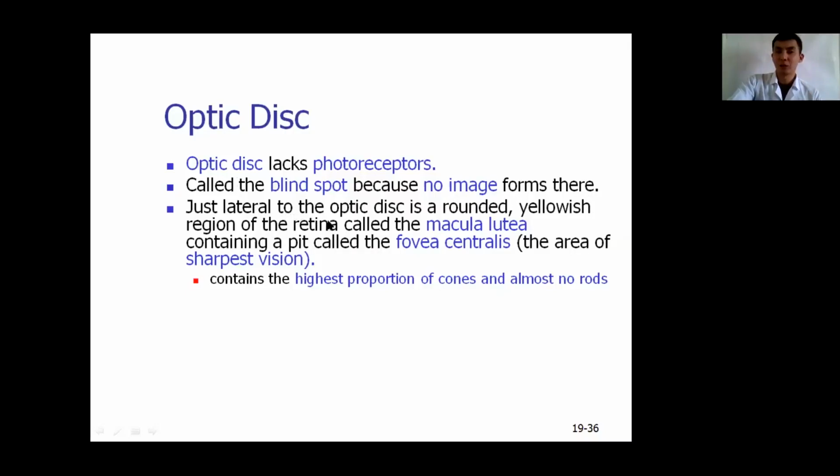Just lateral to the optic disc is a rounded yellowish region of the retina called the macula lutea that contains a pit or depression called the fovea centralis. This area is for sharpest or distinct vision, and this region contains the highest proportion of cones and almost no rods.